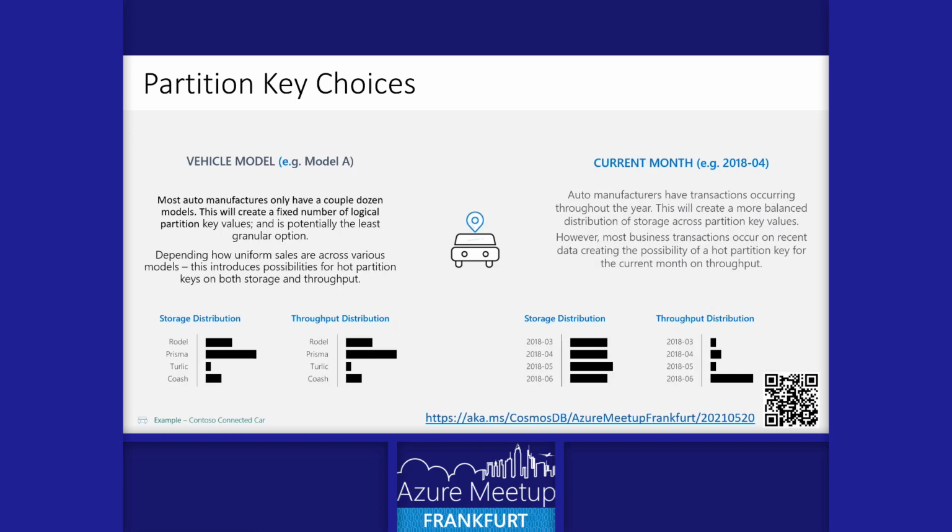Assuming you store all the events in one container, this will result in very high cost, because you have to provision enough throughput for the logical partition of the current month, but you're not using it for any of the other partitions. So it will automatically result in a very expensive solution, which will probably cause frustration.